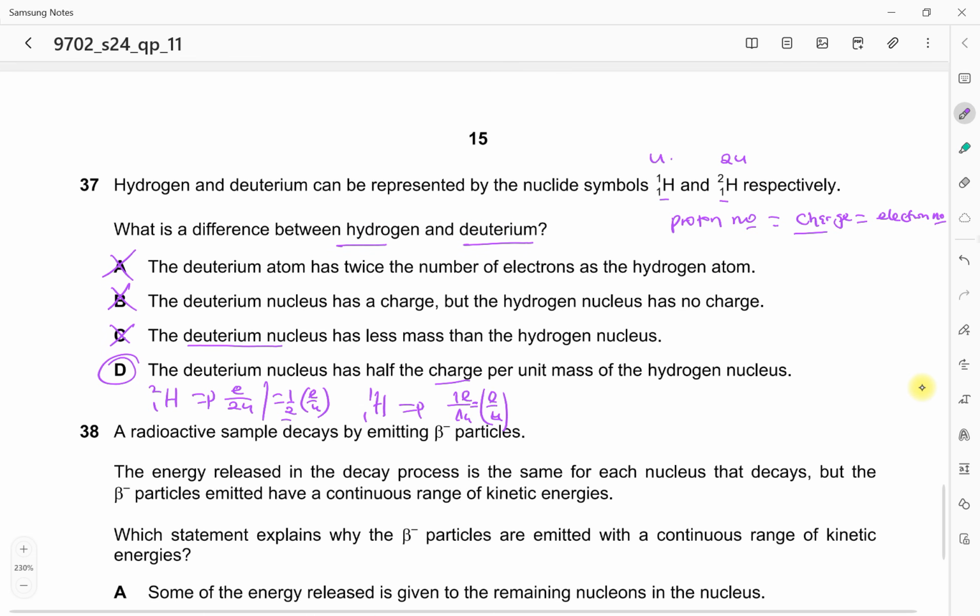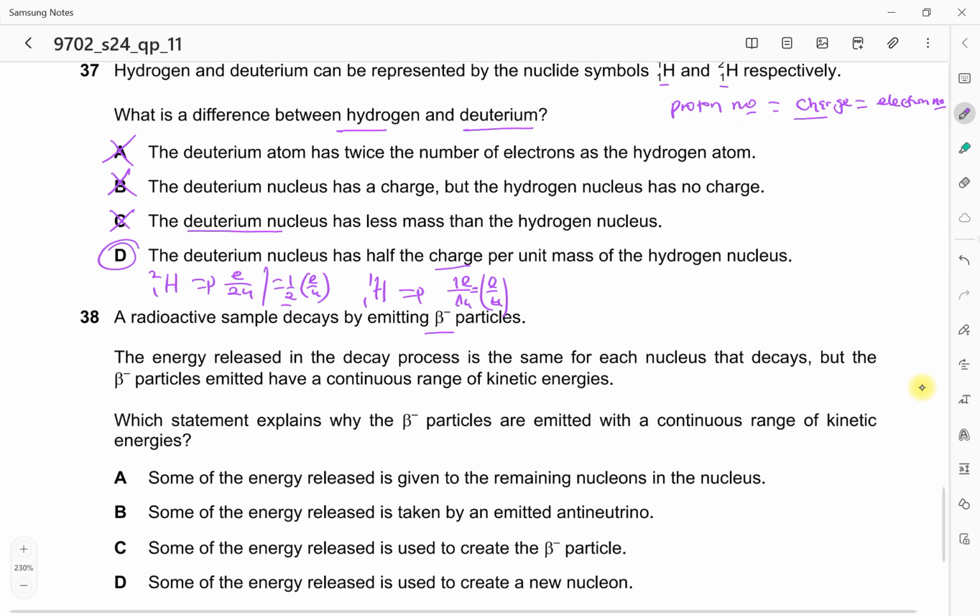A radioactive sample decays by emitting beta minus particles. The energy released in the decay process is the same for each nucleus that decays, but beta minus particles emitted have a continuous range of kinetic energies. Which statement explains why?